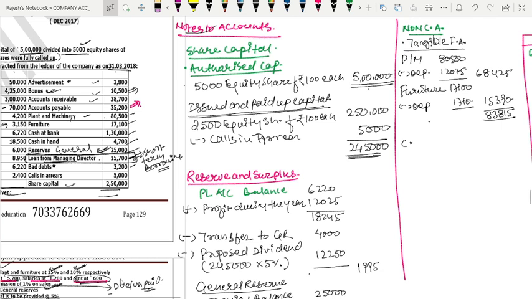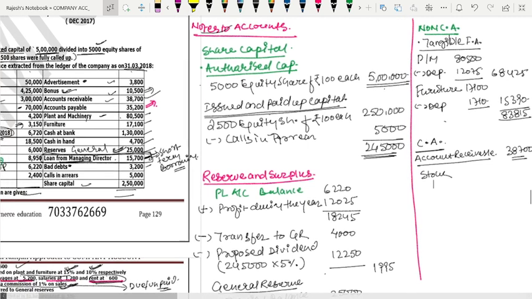Then we come to the current assets. Accounts receivable. Amount is 38,700. There is no provision for doubtful debts in this question. This amount will remain the same. Okay. Closing stock. You have to write down closing stock. How much is the closing stock?